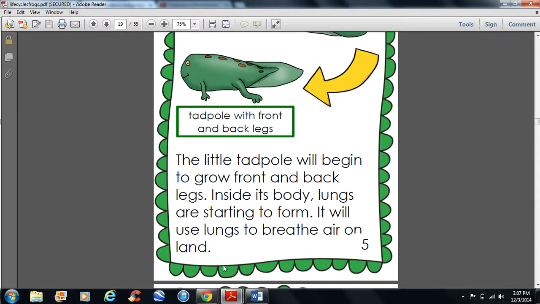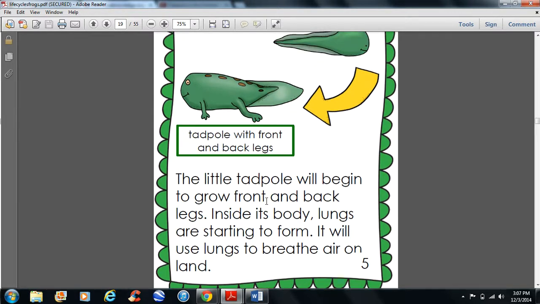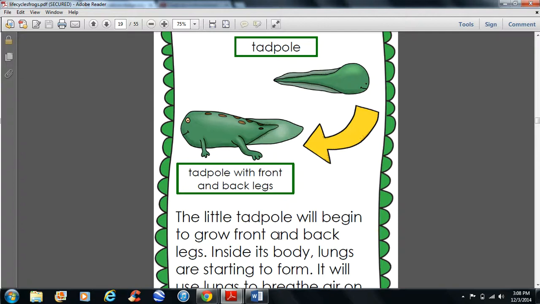The little tadpole would begin to grow front and back legs. Inside its body, lungs are starting to form. It will use lungs to breathe air on land. So, the tadpole has gills right now. Gills.